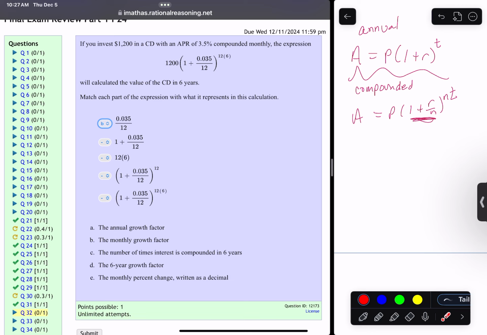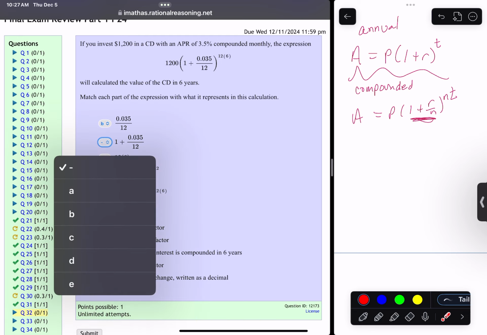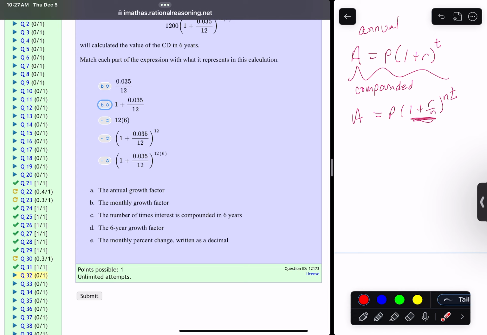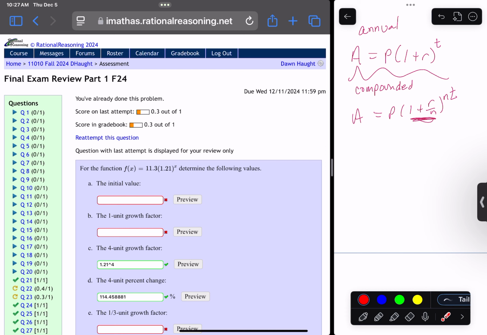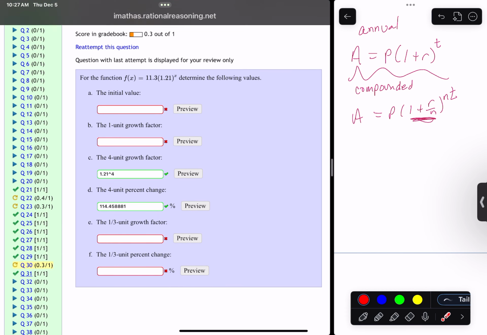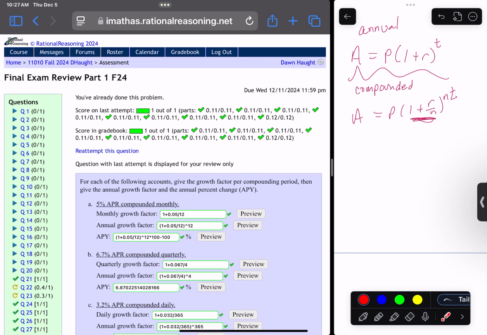The growth factor, we always add 1. So what's the 0.035? Okay, I need to go back and look at the language they used on the question. No. Okay. So the monthly growth factor was the whole thing.